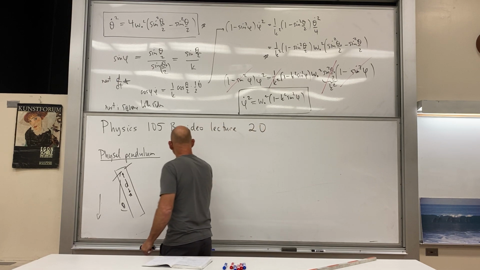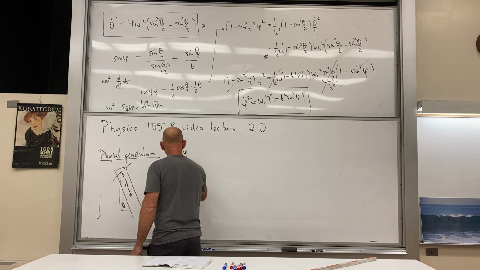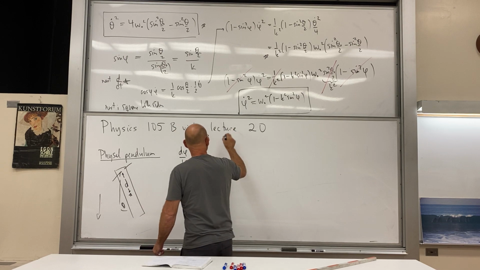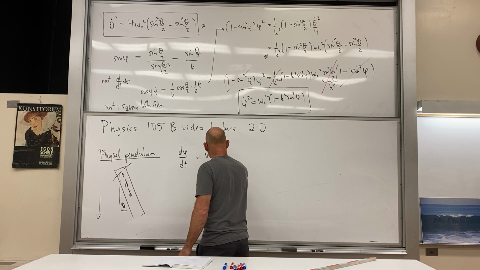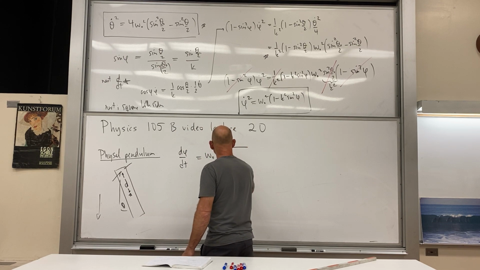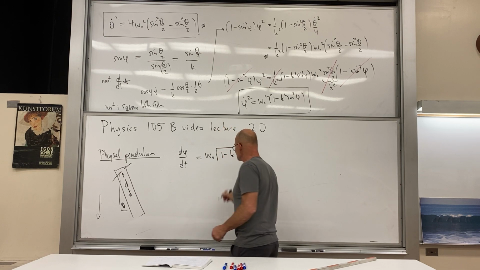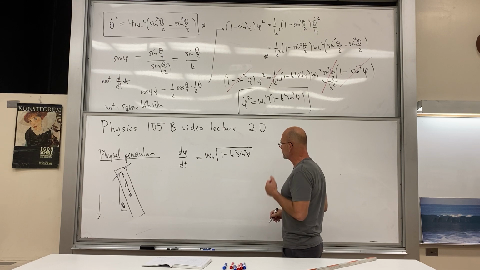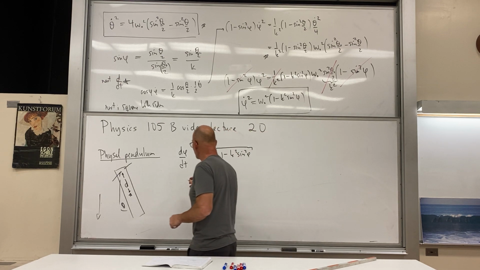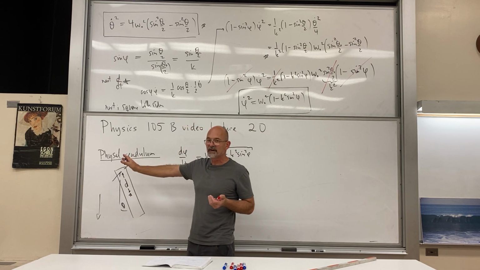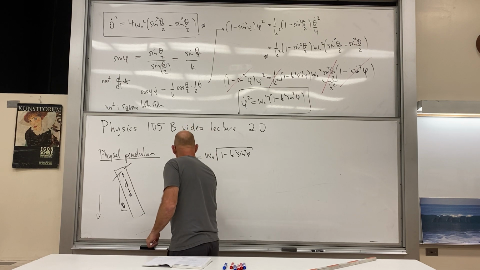And we have d phi over dt is equal to omega naught root 1 minus k squared sine squared phi. And we'll separate variables. We want to find the time anyway. What we're looking for is the period of the pendulum, and we're almost there.